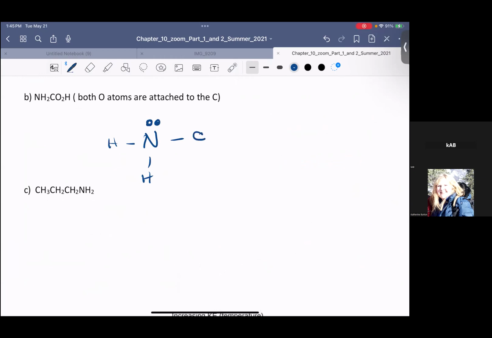But we know that carbon wants to have a double bond, so I'm going to double bond to the top one, not for any good reason, except that I've run out of space. I know my other oxygen likes to have 2 bonds as well. Hydrogen wants 1. So I'm going to do that and fill in my electrons.